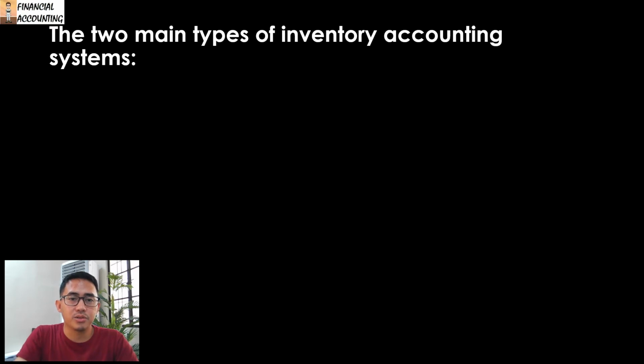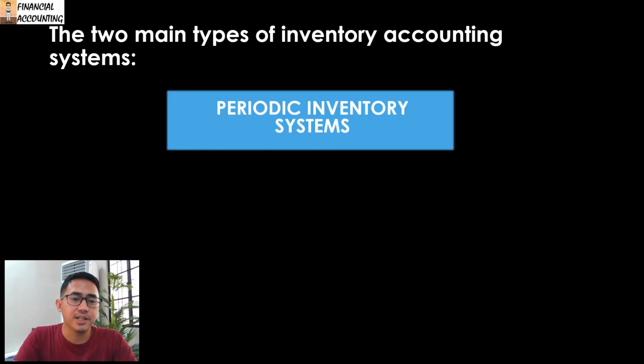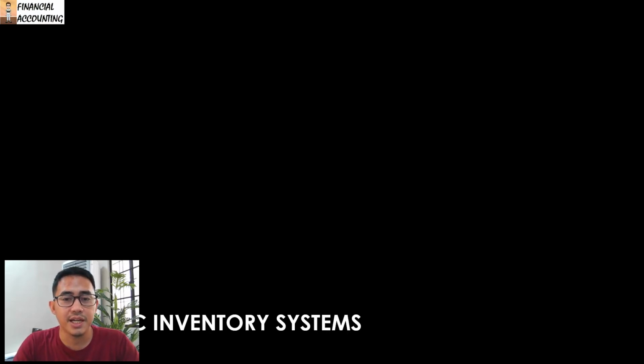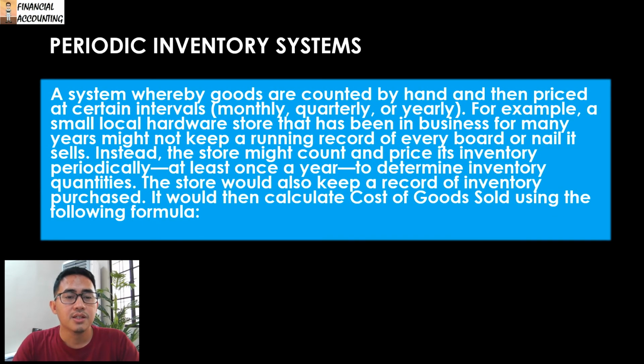Okay, so there are two main types of inventory accounting system. We have periodic inventory system and perpetual inventory system. So let us discuss them one by one. First is periodic inventory system. This is a system whereby goods are counted by hand and then priced at certain intervals, monthly, quarterly, or yearly.